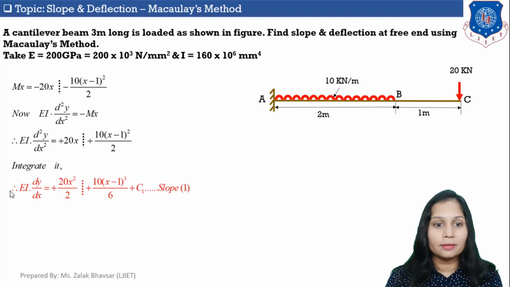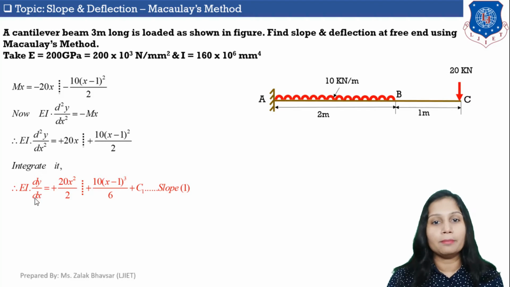So we will get EI into dy by dx. dy by dx is the integration of d square y upon dx square, which is equal to plus 20 into integration of x, which is x square by 2, plus 10 into integration of (x minus 1) square, which is (x minus 1) cube by 3, and 3 multiplied with 2 is 6, plus C1.